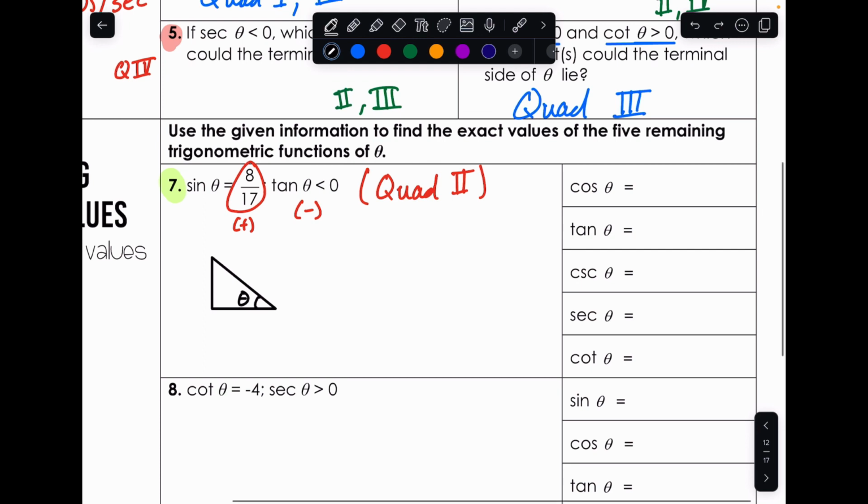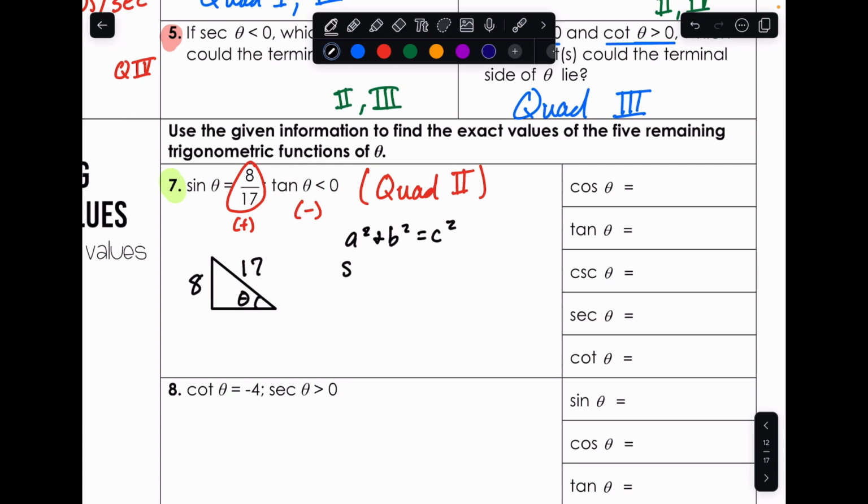Sine theta is opposite, 8, over hypotenuse, 17. What is our x value going to be? Once you do a squared plus b squared equals c squared, that way it doesn't confuse you guys.